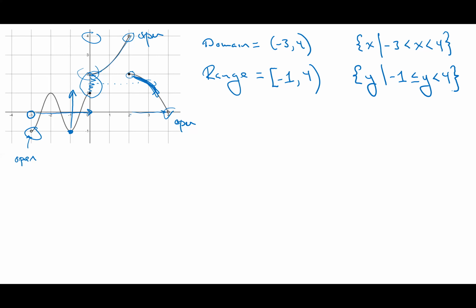All right. Well, what else could we say? What is some other interesting information here that you might be concerned with? Well, let's see. Increasing. Where is the function increasing? In other words, as you move left to right, where is it also correspondingly going up? Well, here's our first spot. It looks like it's increasing on -3 to -2.